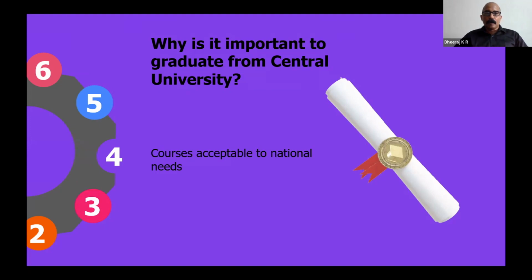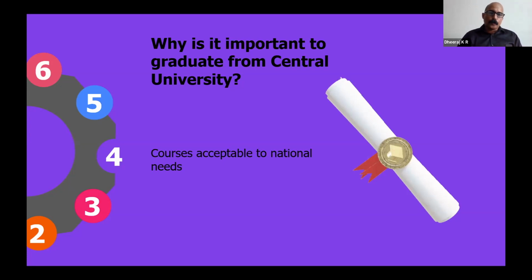That itself will give you a better exposure compared to the state-owned university. Okay, so students from different geographical areas combine in a specific campus, and you can build a very good network in your future. So that is in terms of exposure.